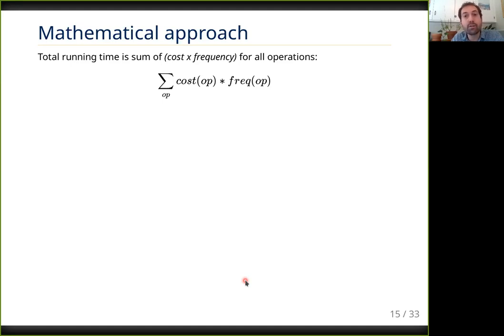So every single operation that the program can make, we would associate a certain cost to it. Then we could look at an entire program and see how many times we use those different operations. Because we know the cost, we could add everything together and have an overall cost for that program and derive from it the running time.